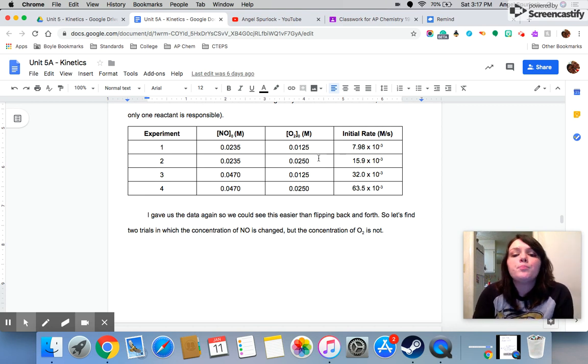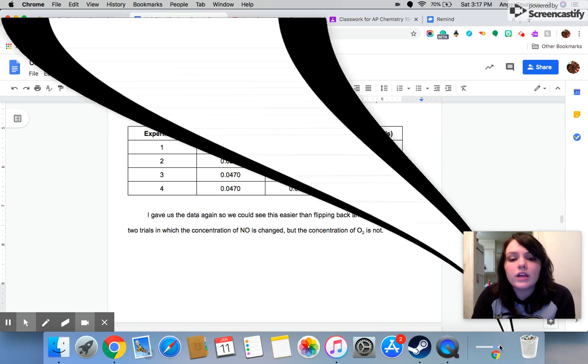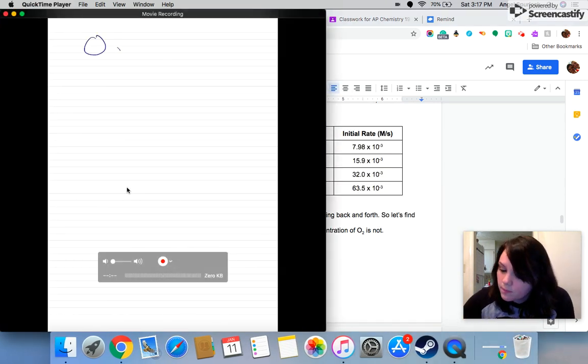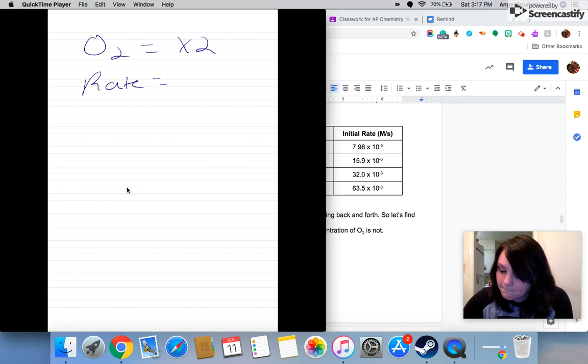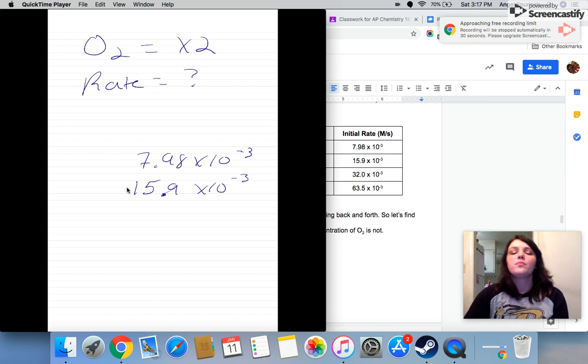So let's take a look. We know that oxygen's concentration has doubled, but how has the rate changed, if at all? Well, we went from 7.98 times 10 to the negative third, and now it's 15.9 times 10 to the negative third.